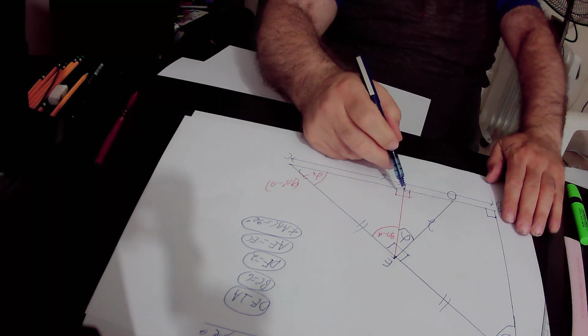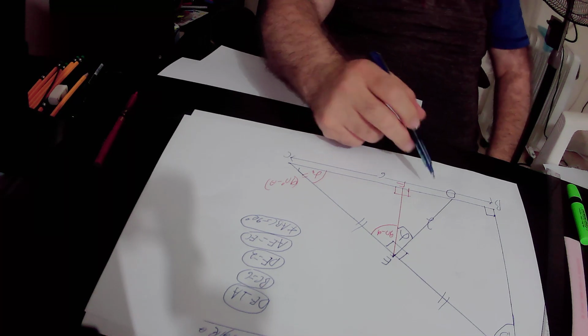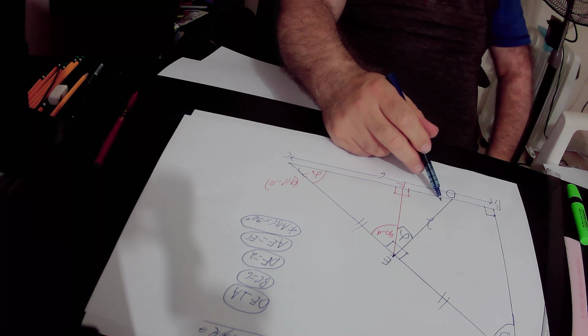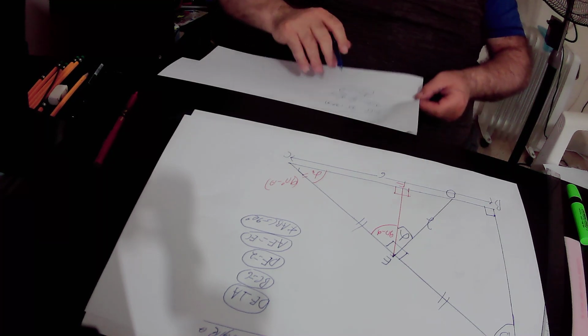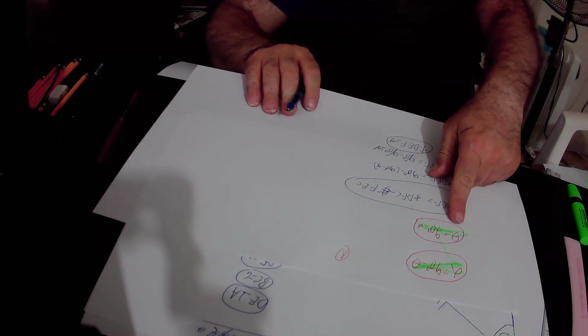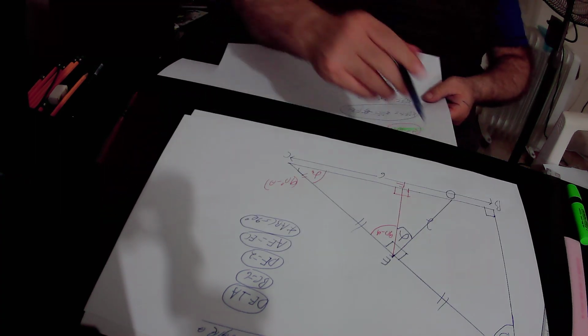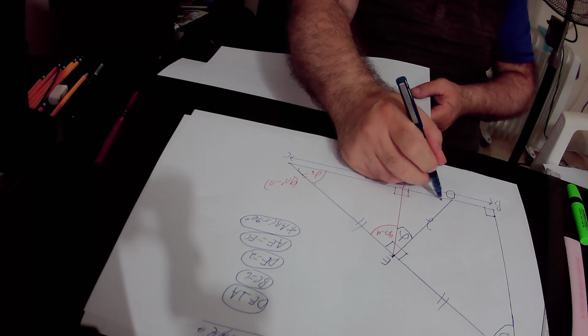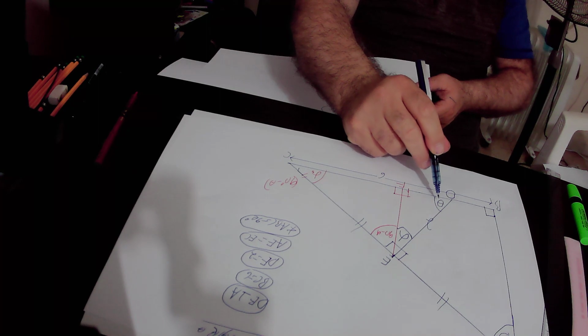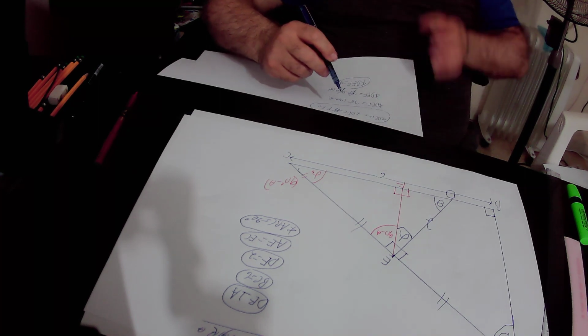So if this angle equals alpha, then in the right triangle DEF, this angle must be equal to 90 degrees minus alpha. But 90 degrees minus alpha equals theta, so you can substitute theta for 90 degrees minus alpha here. So this angle equals theta, that is actually 90 degrees minus alpha. Okay?